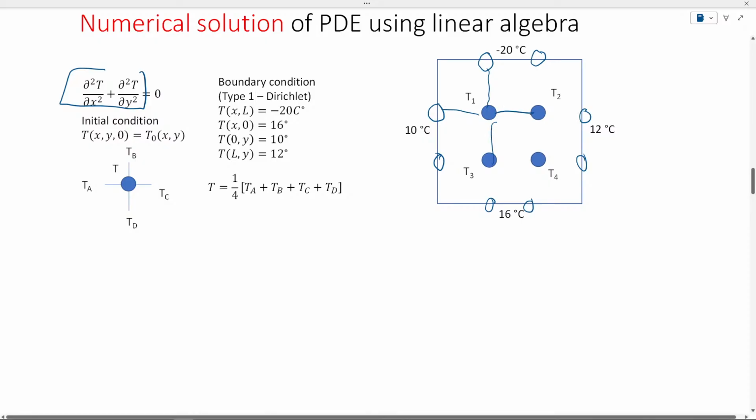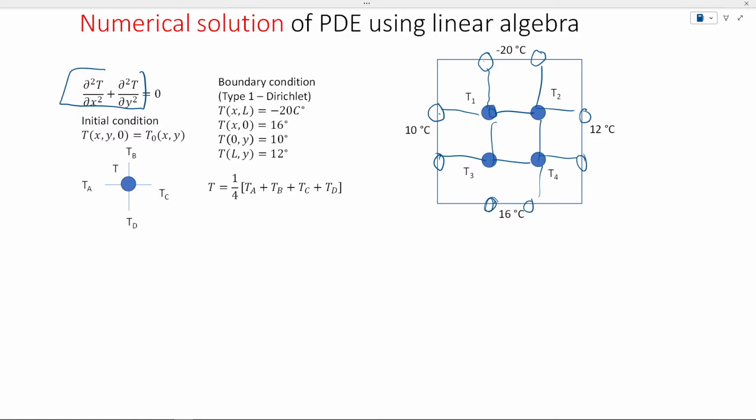T1 is the average of this temperature here, this one here, and this one here. T3, for example, would be the average of this temperature here, this temperature at this boundary, and this temperature here, and so on and so forth. So for each temperature, you can formulate a numerical equation that looks like this. Just take an average value.